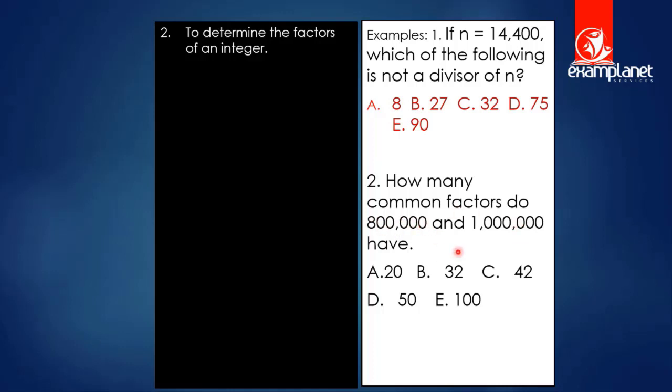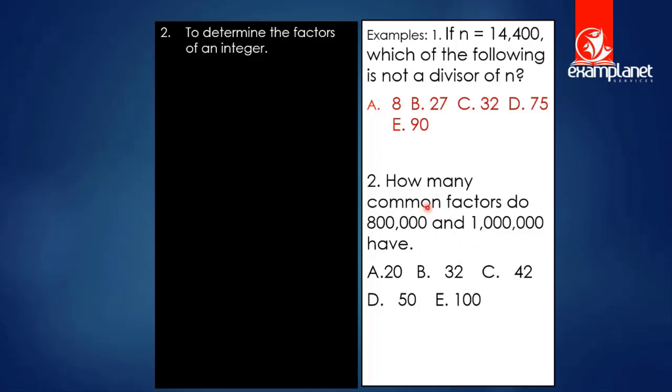Remember that HCF means the highest number that will divide these two numbers with remainder 0. The biggest that will divide 800,000 and also divide 1 million. So of course you can easily think about that kind of number. I think it shouldn't really be a problem. You can think from 100,000 and see if there's a higher one, and so on like that.